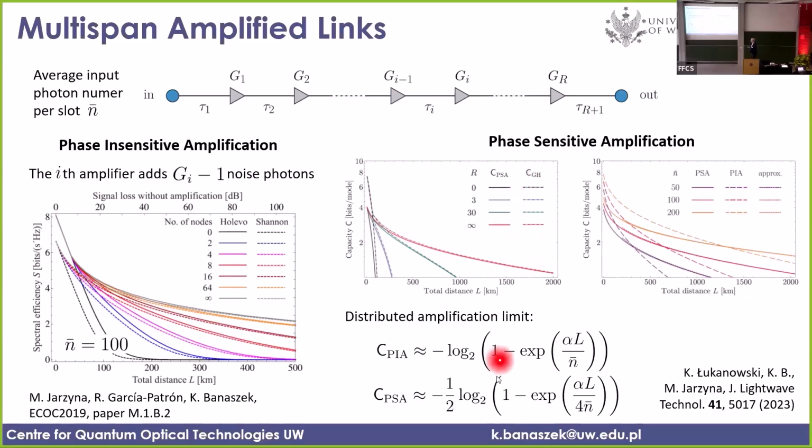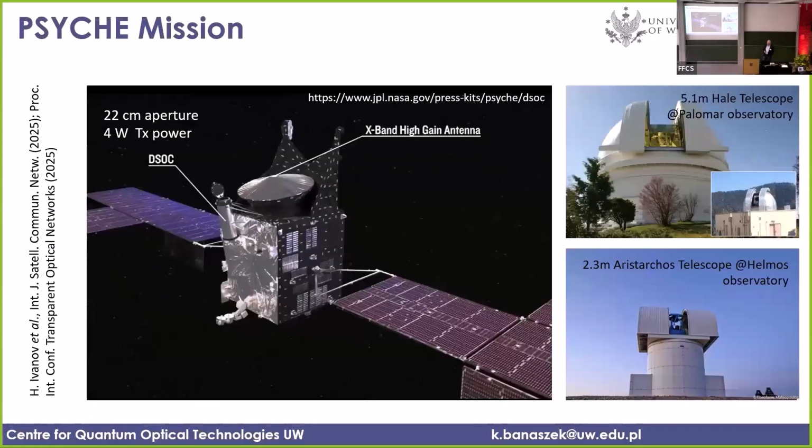But if we do the numbers, which is particularly easy for the distributed amplification limit, because then we solve just some ordinary differential equations, then actually this drop in capacity is lower for phase-sensitive amplification, which means that at some point we get a crossover. Actually, we can put more information into our channels with phase-sensitive amplification, okay? So this is the case of very noisy channels.